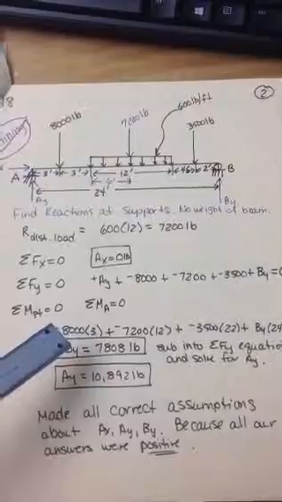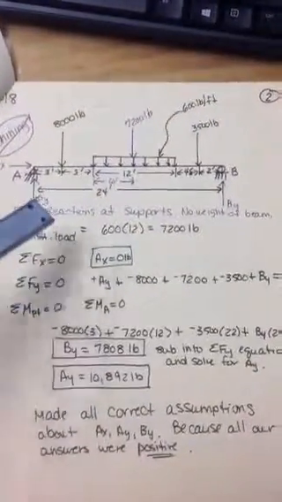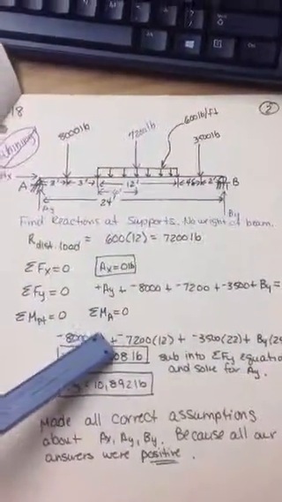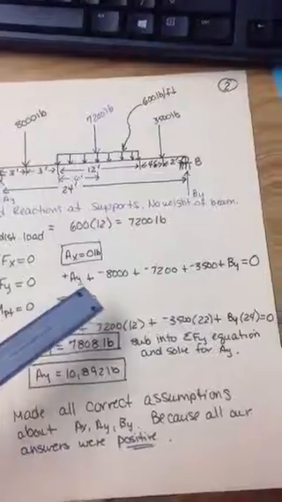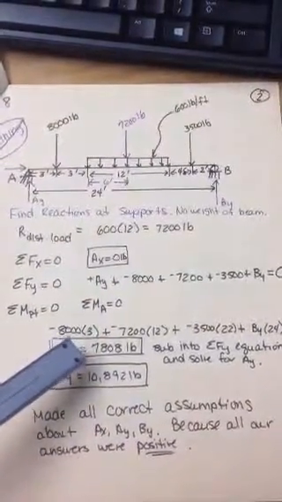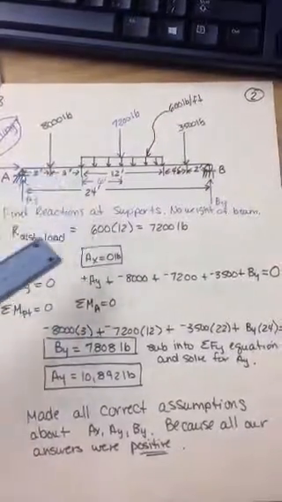We need to take a moment about a point. Now, we can either do it from A, or we can do it about B, or we could do it anywhere we wanted to. I went ahead and said I'm going to do it from A. So if I start from A, 8,000 pounds pointing down is going to cause negative rotation.